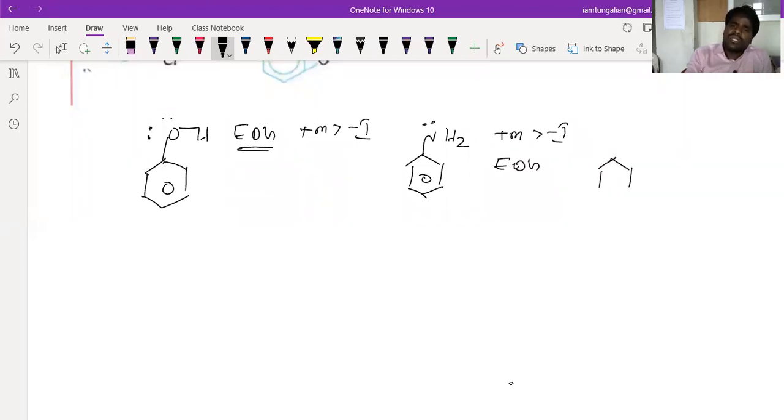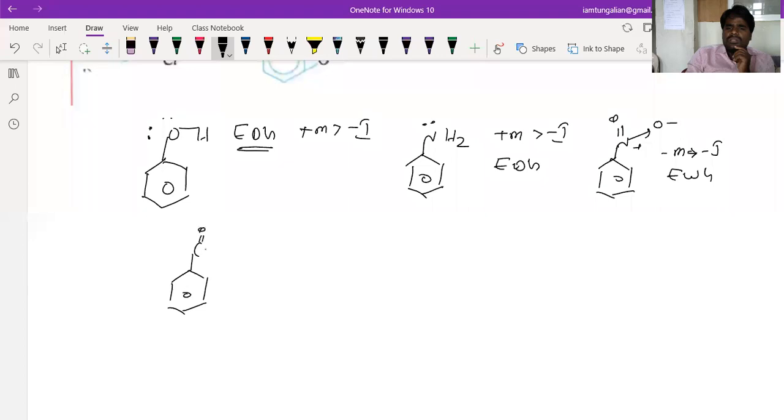Suppose I take the nitro group, this acts as minus M and minus I beta. What is dominant? Minus. So this acts as electron withdrawing. Suppose I take the aldehyde group beta, this is minus M, so this is also electron withdrawing beta.